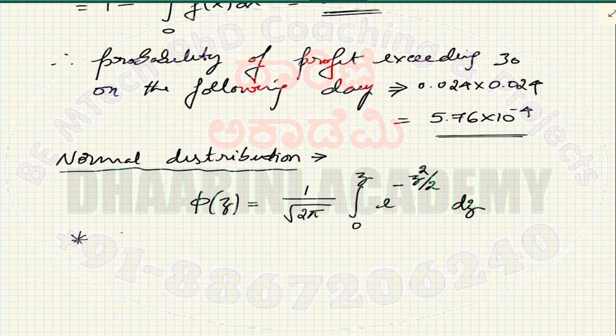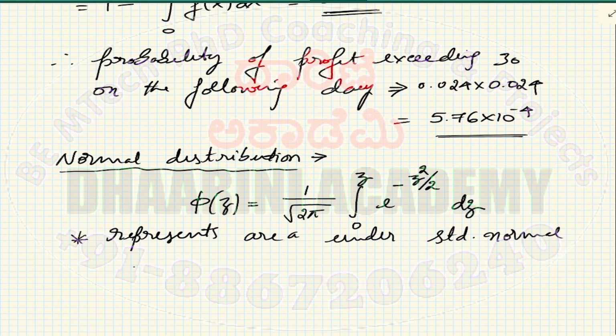This particular phi of z represents the area under the standard normal curve starting from 0 till z.